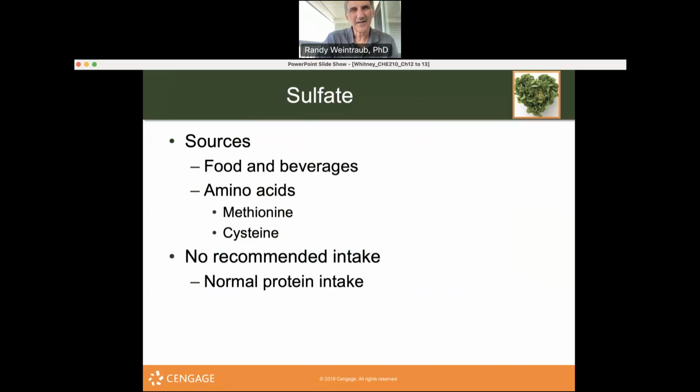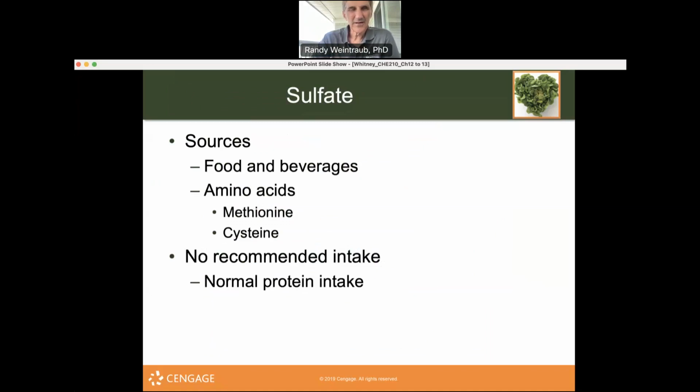And finally, as a major mineral, we mentioned sulfate. We say sulfate because that's how we get it typically in our eating pattern. Could be in foods or beverages.